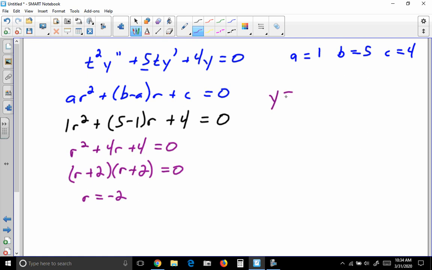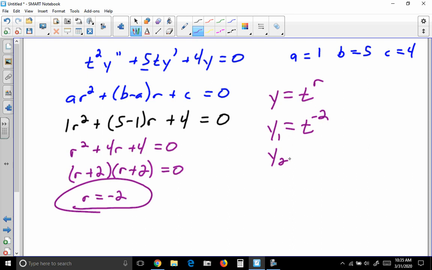Remember, our generic solution was y equals t to the r. Here, if we have a double root, then we have t to the r as one solution, but as our second solution, it's a little bit different than when we had e to the rt.